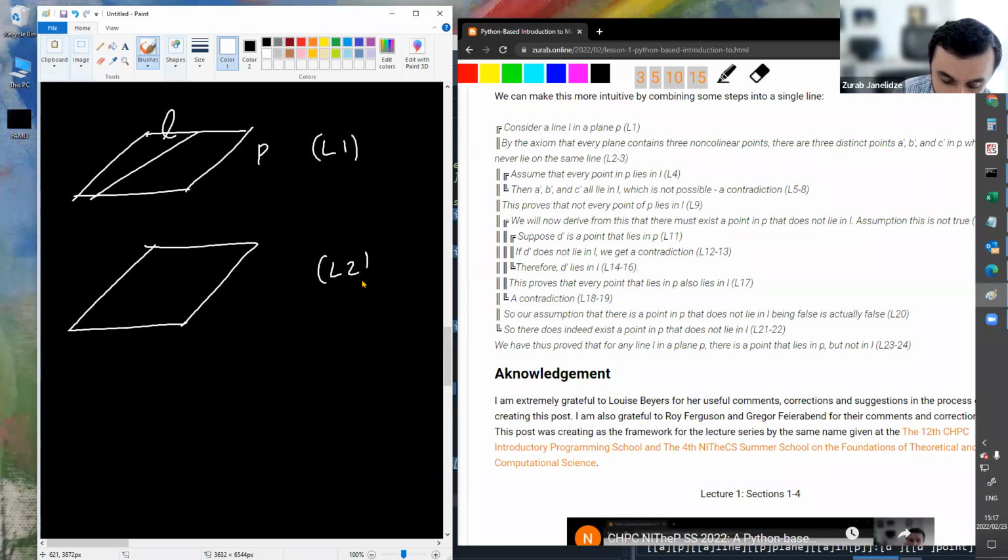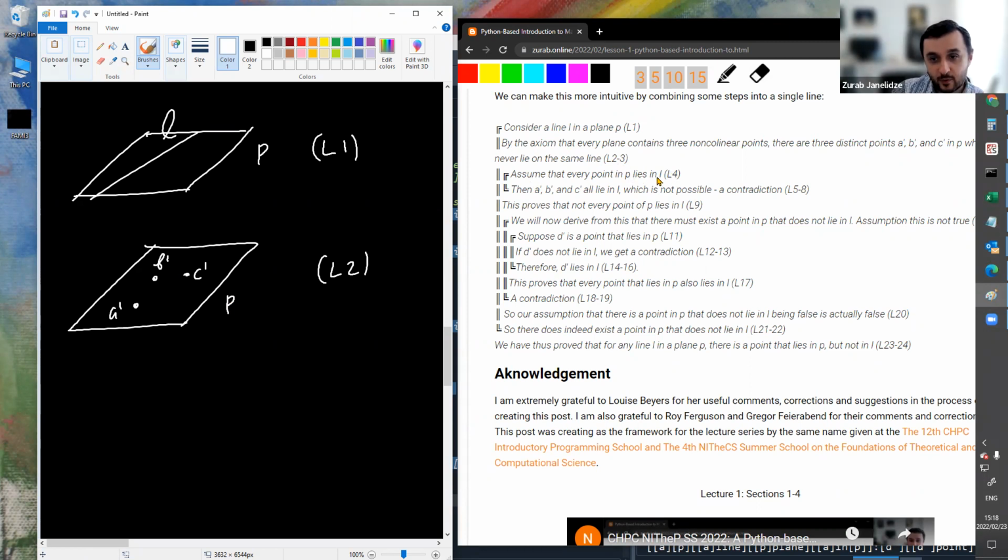The second line of proof applies the axiom to produce 3 points, A prime, B prime, and C prime. And then we are assuming that all points of the plane P lie on L. That happens in line 4. These labels of lines actually correspond to the labels in the Python code. So that's why the second line here, for example, captures 2 lines of the Python code. That's why they're numbered like this in a funny way.